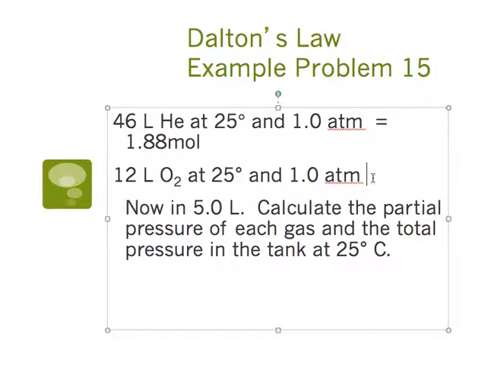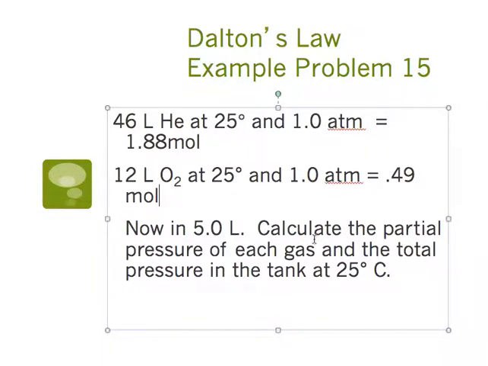And if I plug this one into PV=nRT, I'm going to get 0.49 moles of oxygen. Now I'm taking these moles, 1.88 and 0.49 moles, into 5 liters at 25 degrees. Now I can also use PV=nRT again, and this time solve for the total pressure.